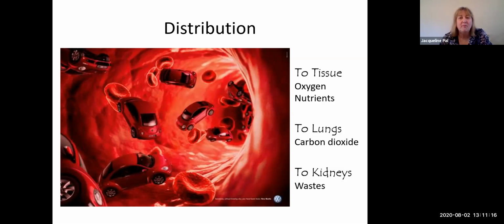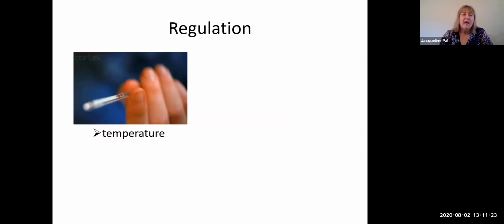And so we'll learn more about the functions of the lungs and the kidneys later on when we do their organ systems. As far as regulation, when blood flow changes, for instance, because of blood vessels increasing in diameter to increase the blood flow, or decreasing in diameter to decrease the blood flow, that changes how much blood is going to the area, for instance, the skin, which helps regulate our body temperature.